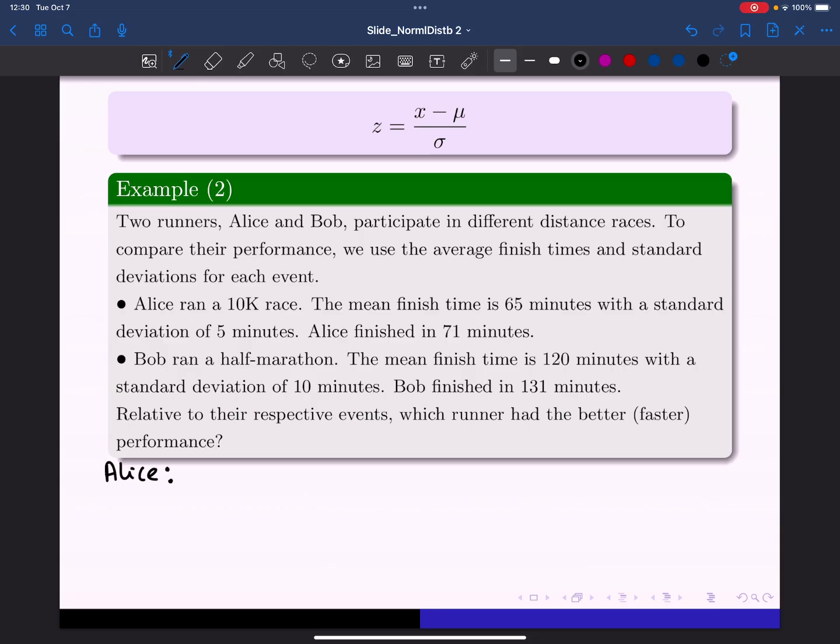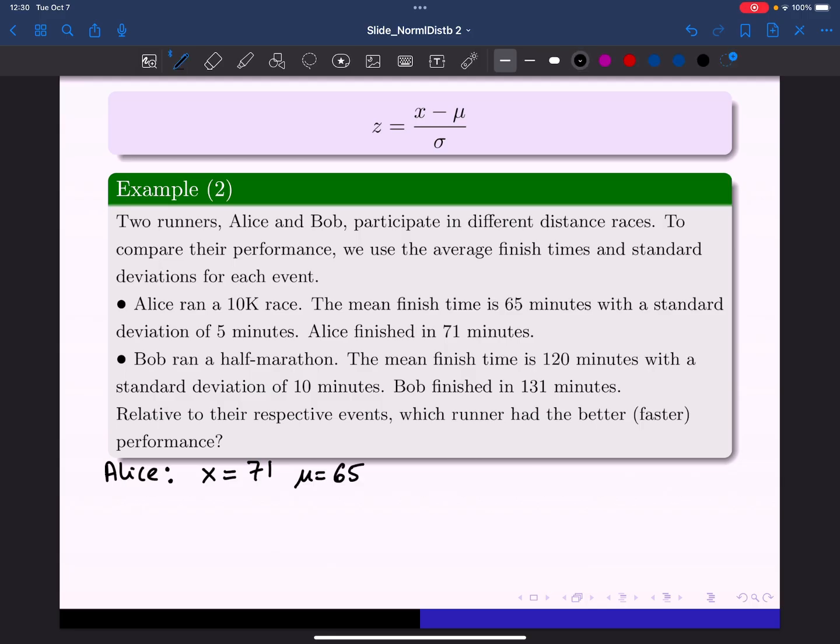My data point would be 71, so x is 71. My mu is the average, the mean. That's how we're going to calculate the z-score. So we look at the average. The average or the mean is 65.